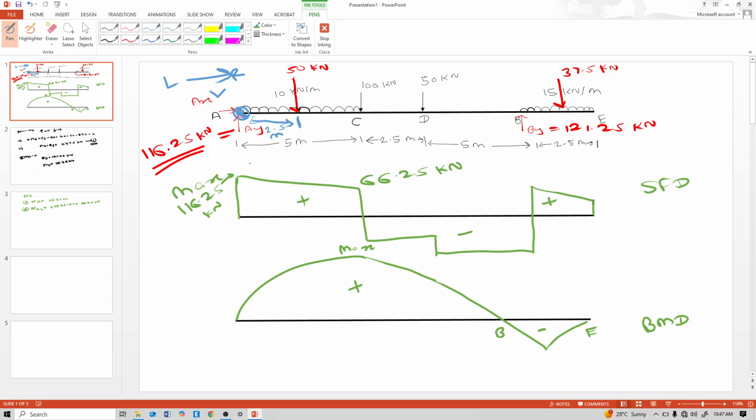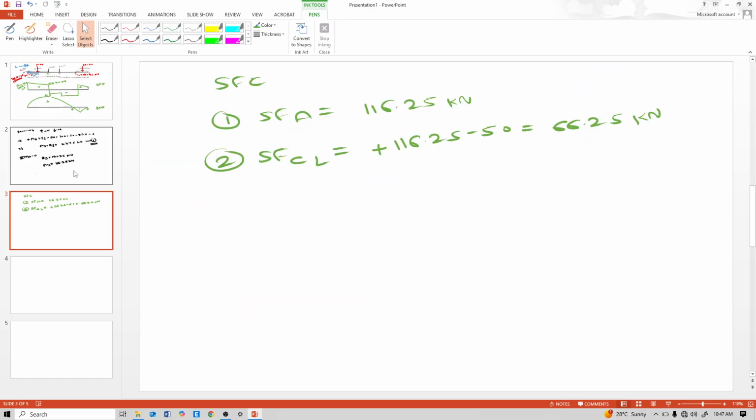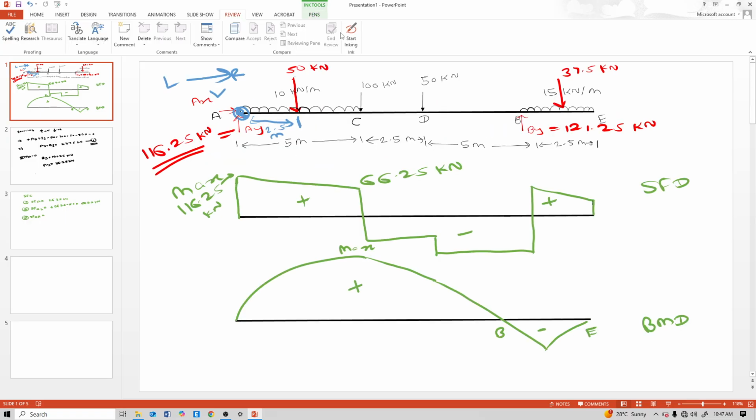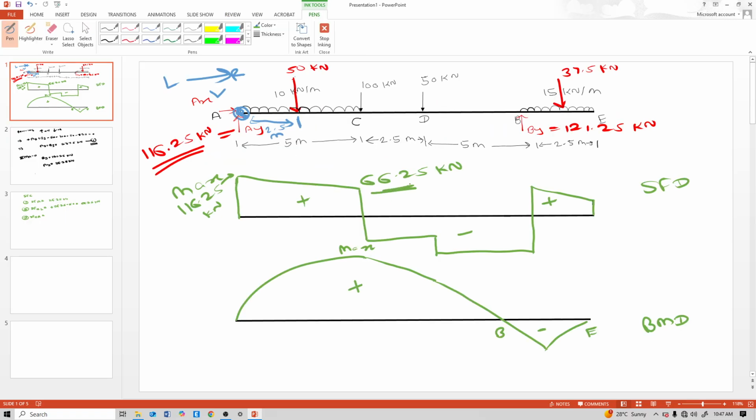So next is shear force at this point C, just right of that point C. So up to here, see, shear is this 66.25. Now consider this 100 kilonewton. So this 66.25 is positive and this 100 kilonewton is downward, that's why negative.